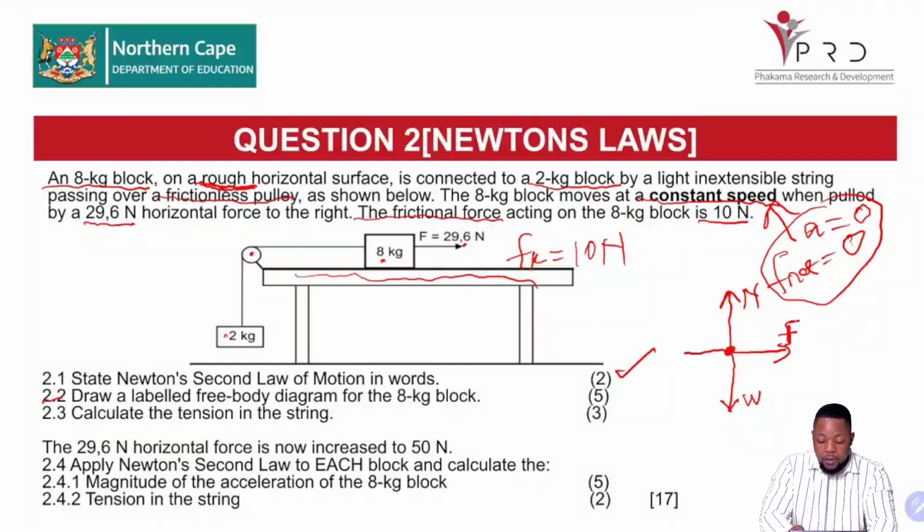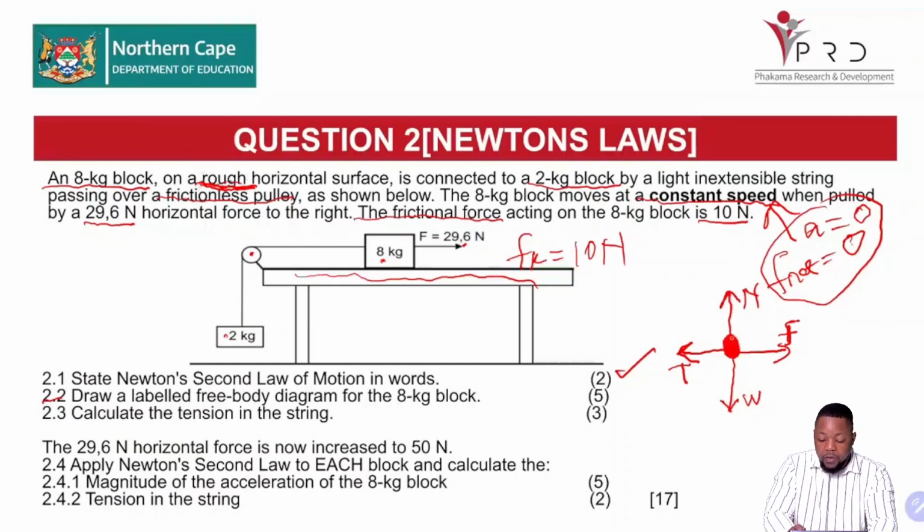Then we see a force by the string. The string is pulling to the left. And then the force by the string is called tension. We remember the word rough. We can make our dot bigger so that it can accommodate us to draw another force. The statement said rough.